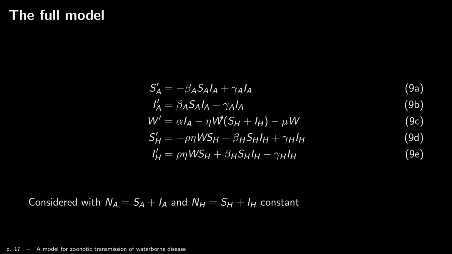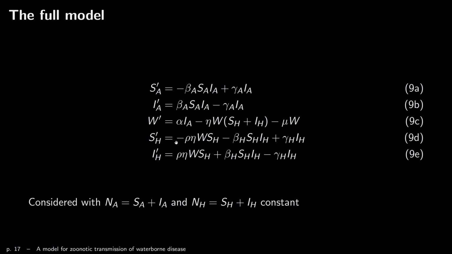And then there's an uptake by, so this W times SH plus IH is simply saying how much uptake by humans there are. And this is the death of pathogens in the water.